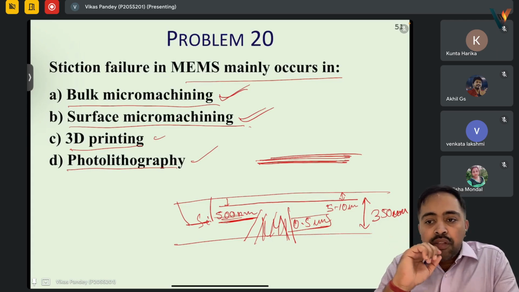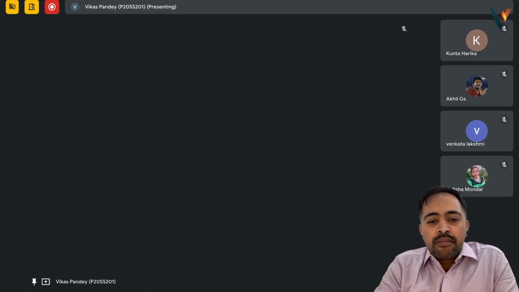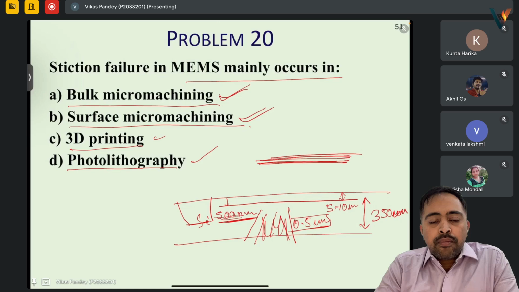The sticking of things will occur in smaller objects or larger objects? Anyone? Option B. Option B, that is surface micromachining.